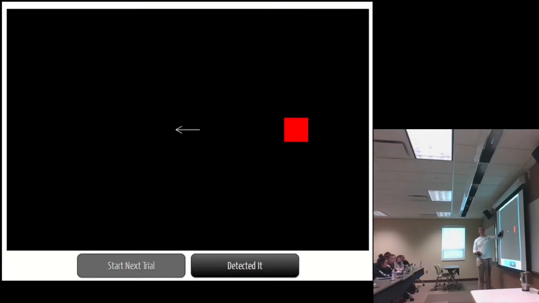But when this stimulus grabbed your attention, when it exerted that exogenous control, you then had to move your covert attention all the way back over here before you could process this and say, yes, I detected it. So that difference between the two bars indicates how long it takes your attention to move across the screen to this other location here. The difference between the valid and invalid conditions basically is an indication of how long it takes you to move your covert attention.